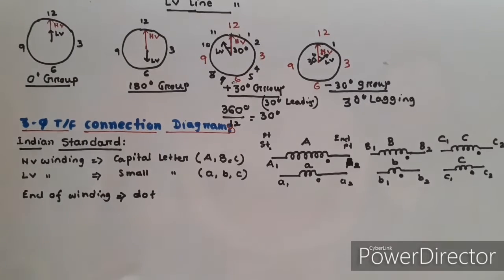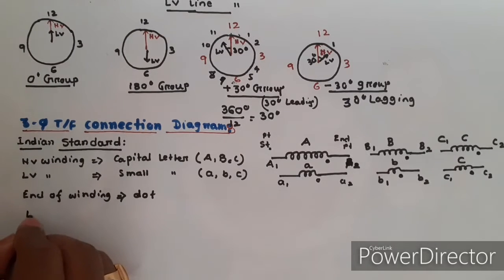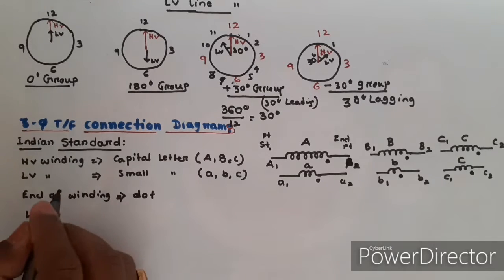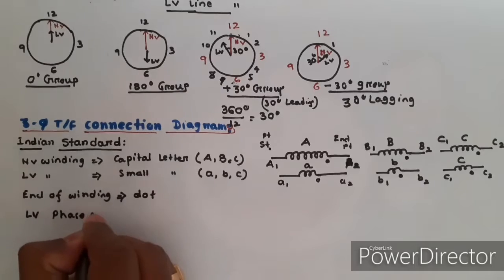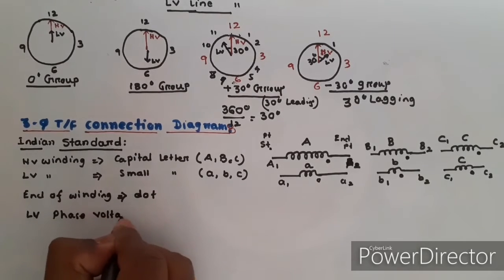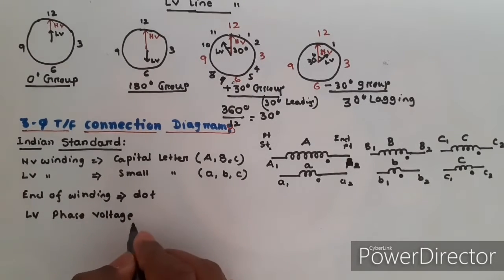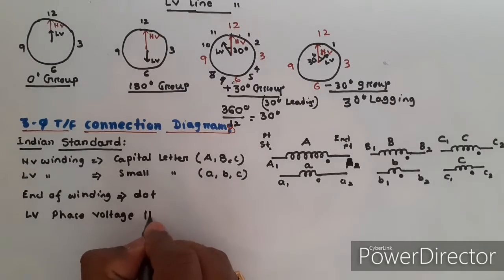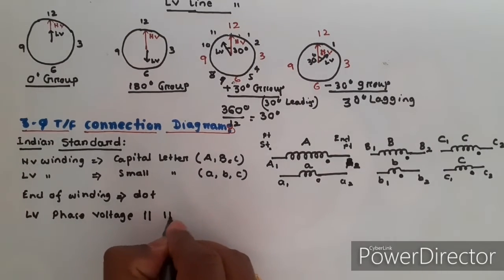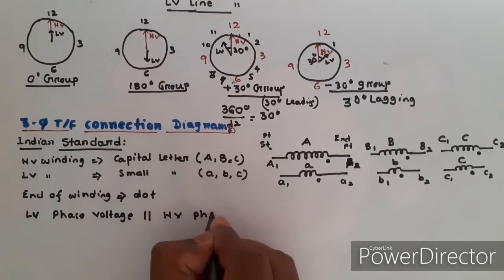For drawing the phasor diagram, one point must be clear. The LV phase voltage must be parallel with HV phase voltage.